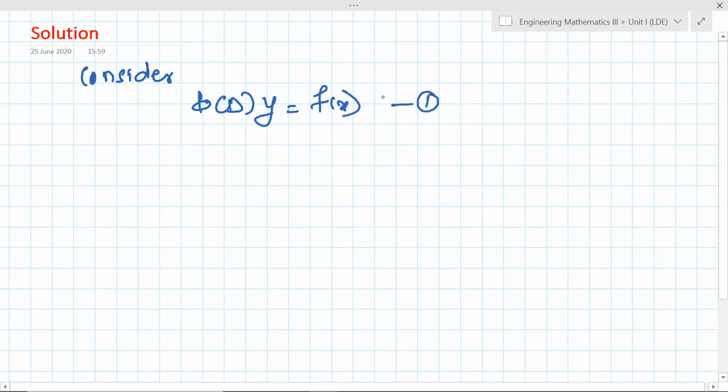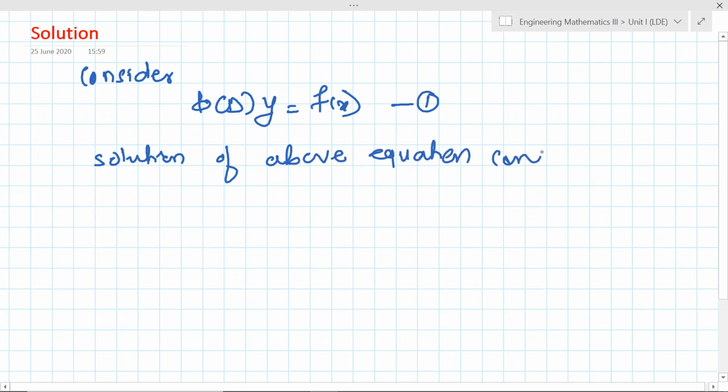So this is our nth order linear differential equation in the form of operator D. Now, the solution of the above equation contains two parts. What are those parts? First is the complementary function and second is the particular integral.